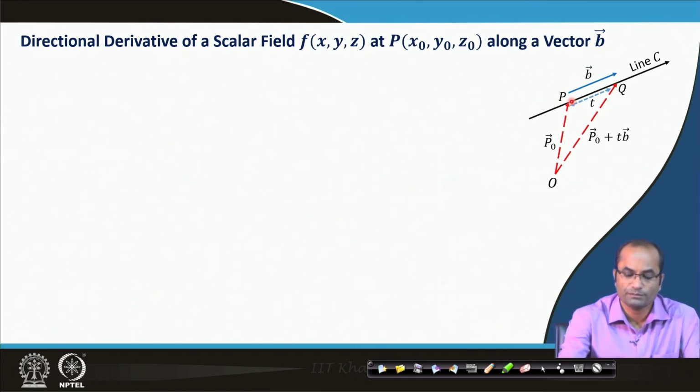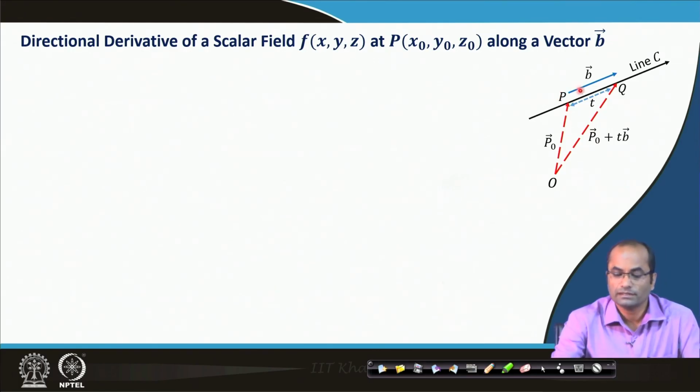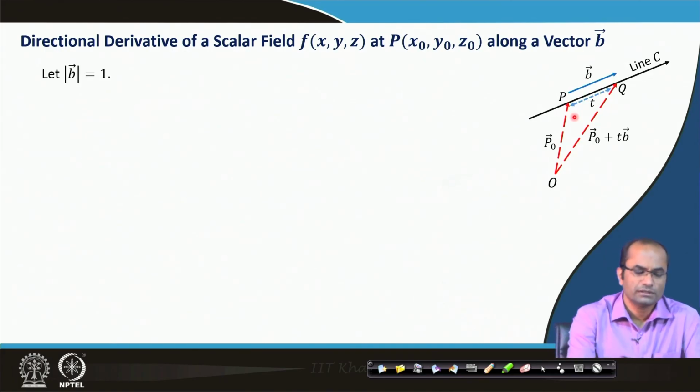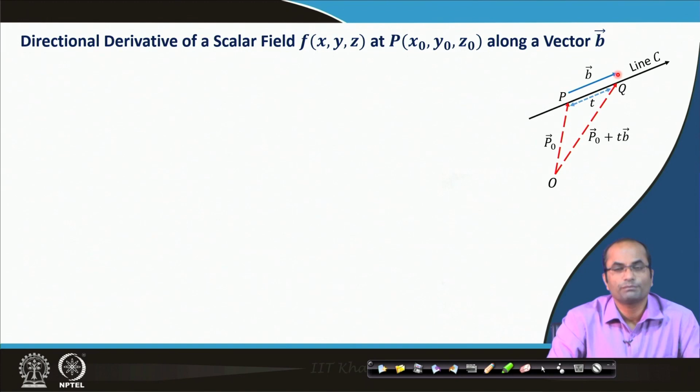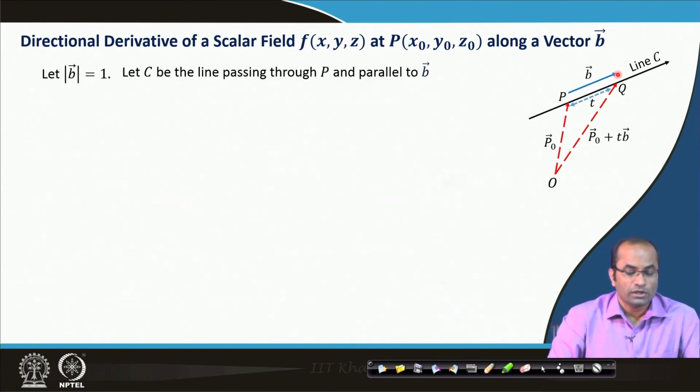This is our setting. We have a point p where we want the directional derivative in the direction of this vector b. Suppose b is a unit vector. If we take another point q on this line, which passes through p in the direction of b, then it can be given as p naught plus t times b, the general point q on the line.